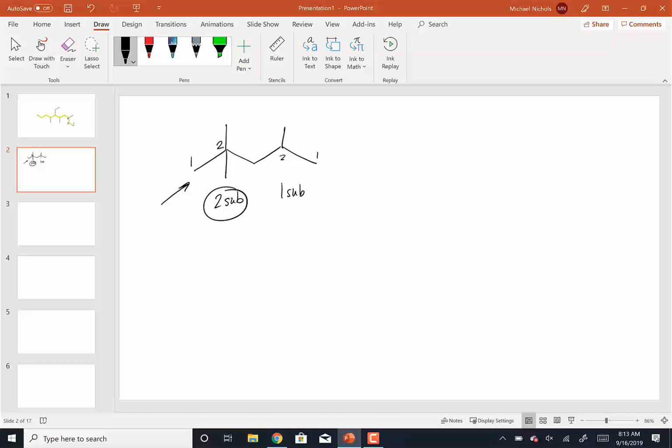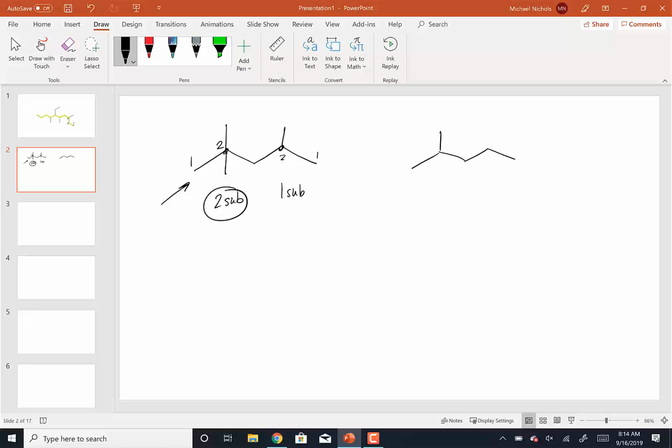How do you tie break numbering? The first thing is if there's 2 substituents from one end and another, and you go the same number of carbons in when you're numbering. So if there's a tie there, we break it based on the number of substituents.